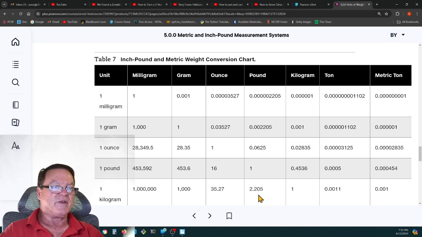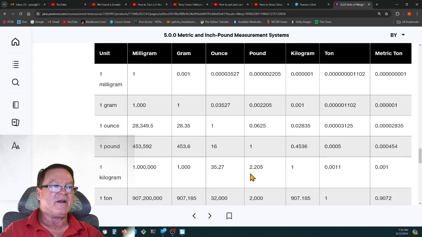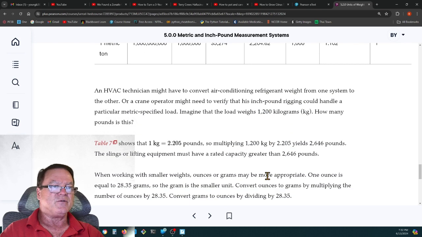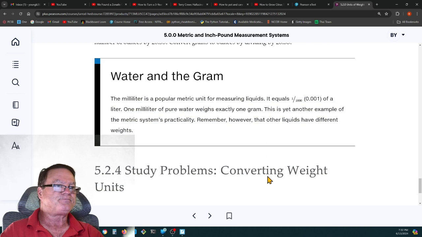When I was in grade school, they taught us that a kilogram was about the weight of a pair of shoes. They said it's 2.2 pounds. So if you know that a pound is 16 ounces and a kilogram is 2.2 pounds, then you can do your conversions from there.